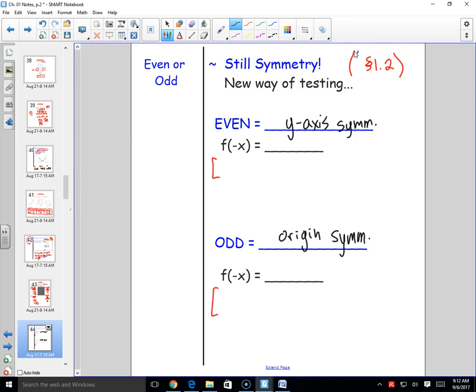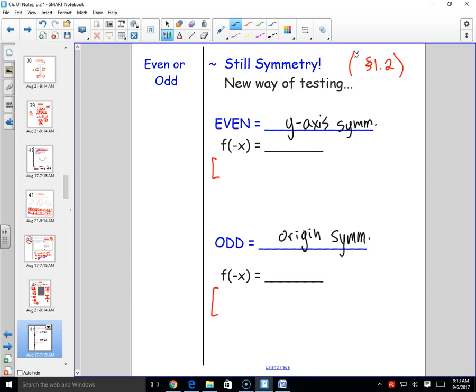Wait, wasn't there a third symmetry? Do you guys remember that one? There was y-axis, there was origin, x-axis. Why do I never have to worry about a function having x-axis symmetry? Remember what x-axis symmetry was? What's above is what? Below. The problem, is that a function?